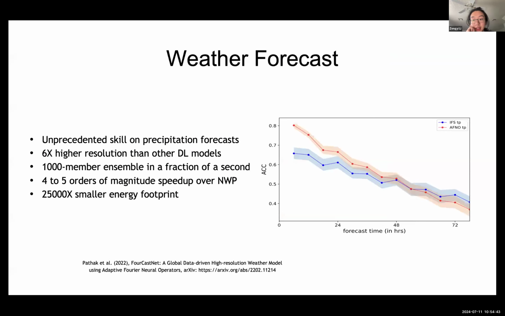Overall, these methods can give you fast and accurate predictions, say 10,000 times faster than traditional methods. Similar works include GraphCast and Pangu-Weather. I think FourCastNet, in 2022, is one of the earliest works using machine learning models on weather forecasting.